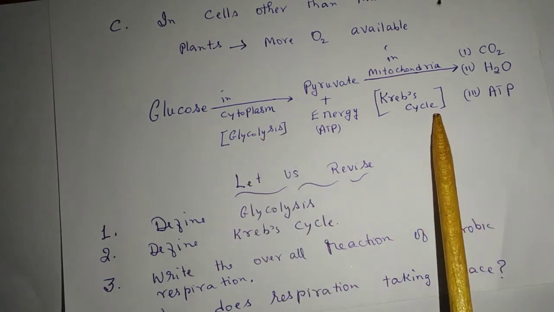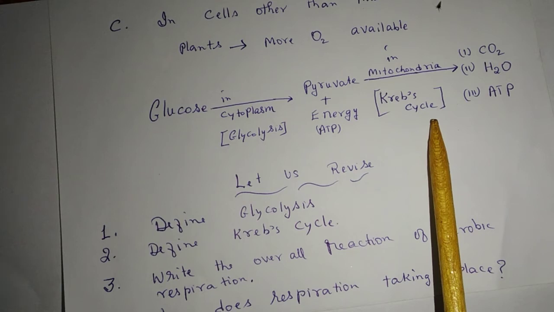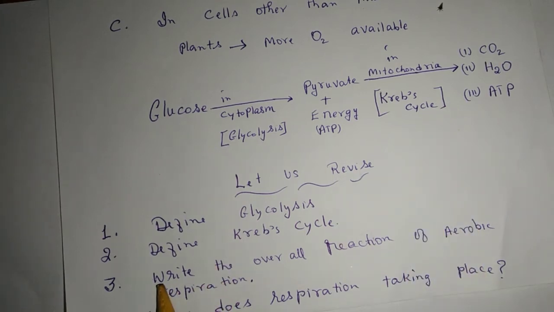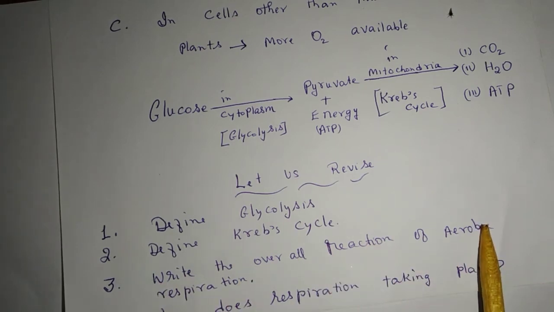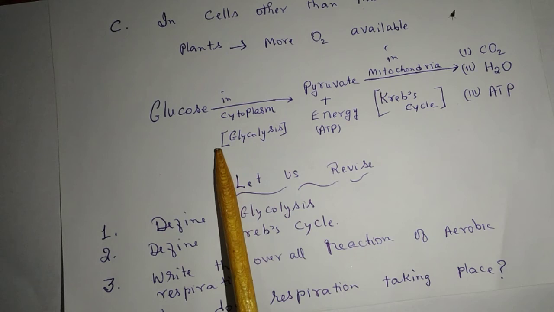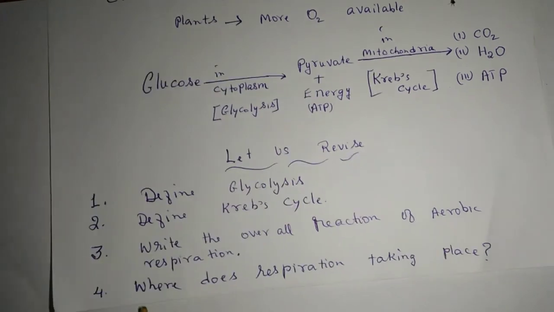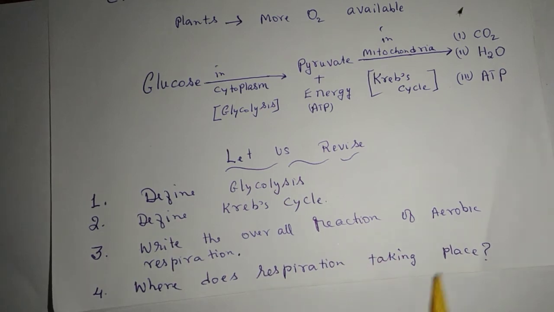Krebs cycle is a process of respiration which takes place inside the mitochondria. And question number 3. Write the overall reaction of aerobic respiration. This must be the answer. And the last question. Where does respiration take place?